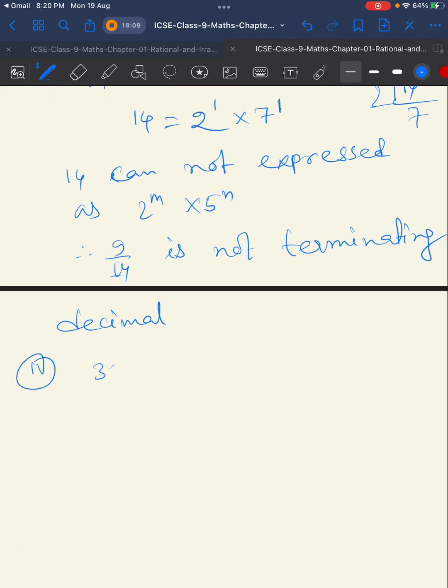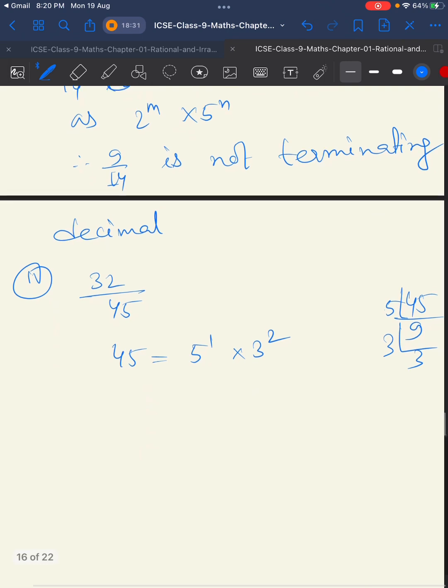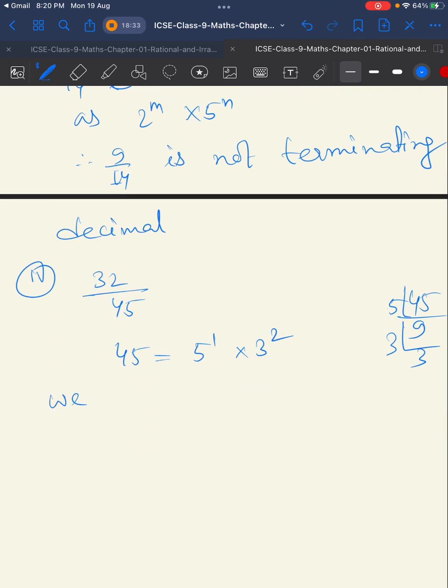Now question number 4, 32 by 45. Now you have to factorize 45. 5 nines are 45, 3 threes are 9, so 5 to the power 1 into 3 squared.